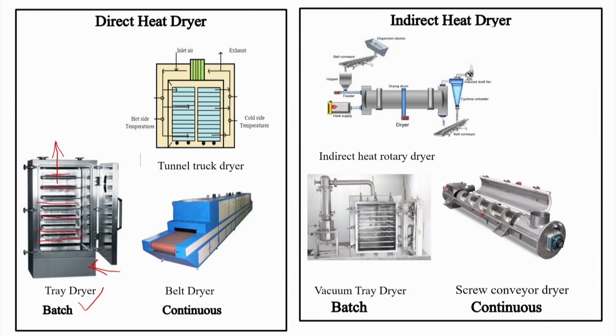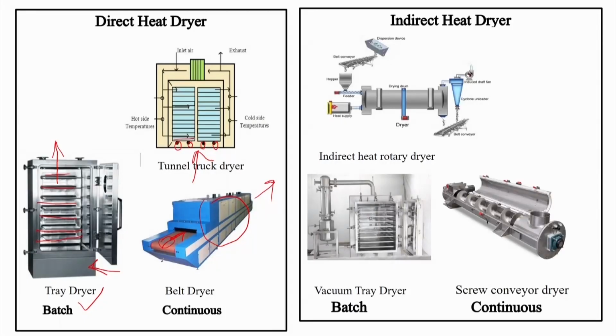Belt dryer: it is a hot chamber, the belt rotates in this direction, the wet solid enters along with the belt, and from the other side the dried product is taken out. In the tunnel track dryer, there are many different rails, and different dryers enter along the rail.